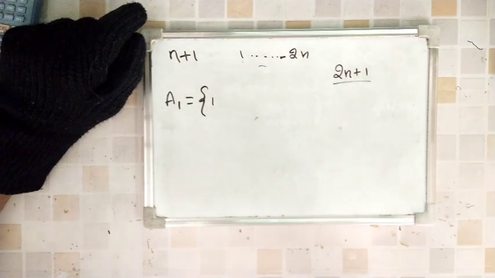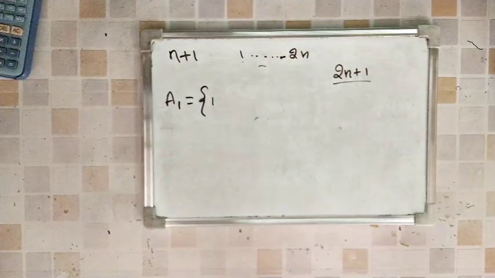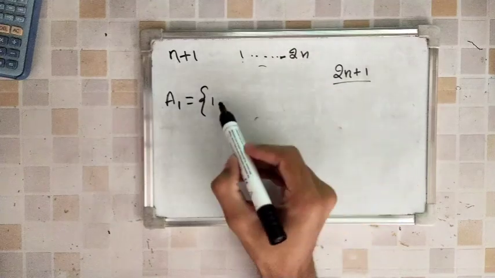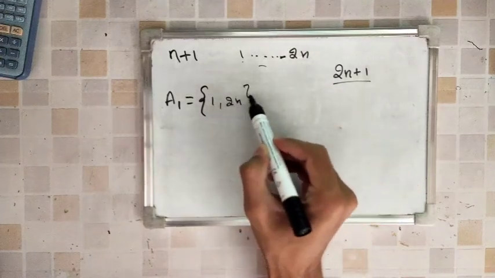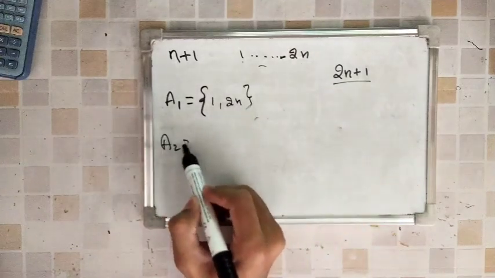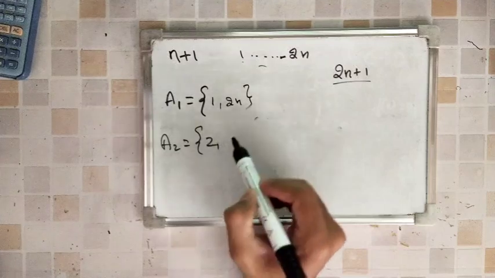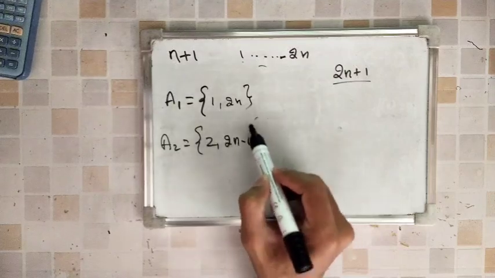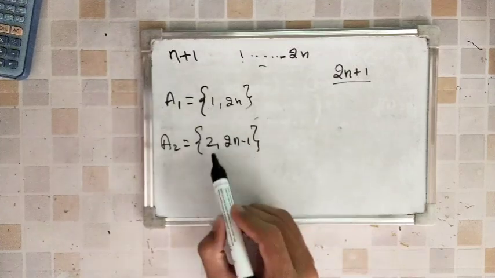So what I will do first, in my set, I will take the first element and then the last element: A1 is equal to 1 comma 2n. Then A2 is equal to 2 comma 2n minus 1, the second number and the second-last number.